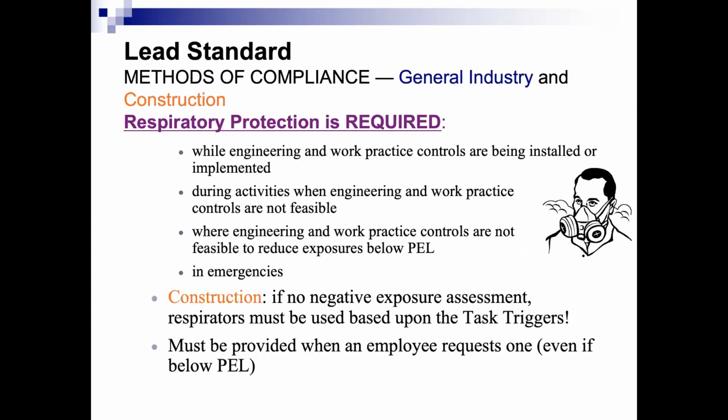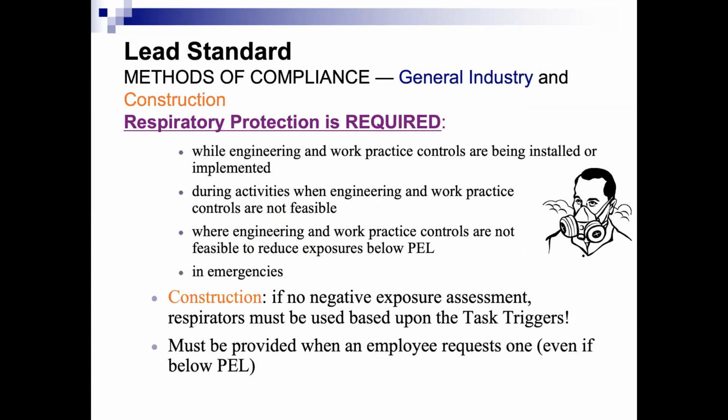Respiratory protection, in general industry and construction, is required when your engineering controls or work practice controls are being installed or implemented, during activities when engineering and work practice controls aren't feasible for a variety of reasons, and difficult is not the same as not feasible.